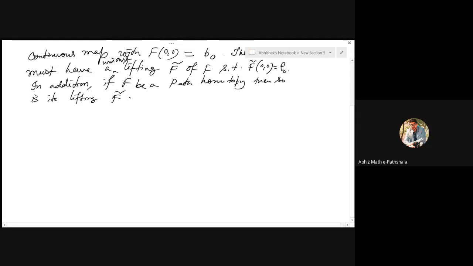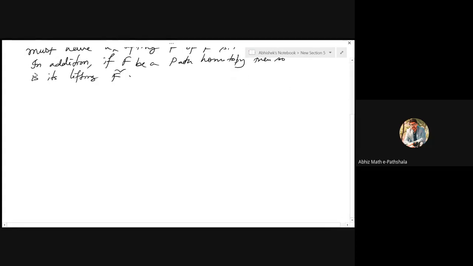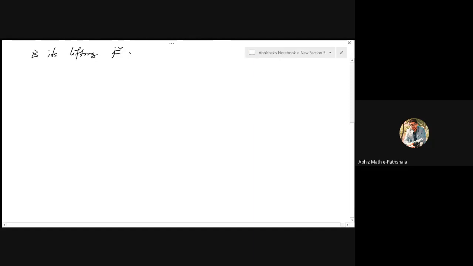But let us take a visit of this proof, because these are very basic things that you need to understand. So if I write down the picture of this proof, what will be the scheme of the proof?